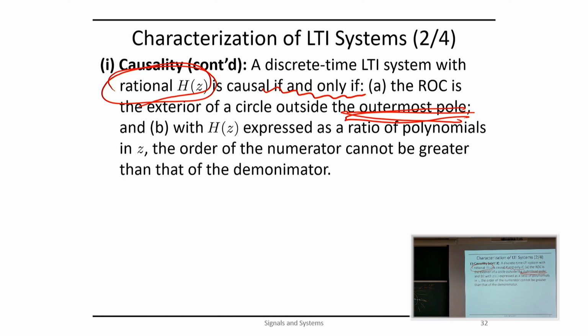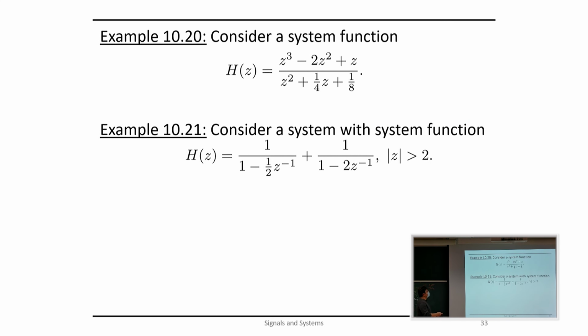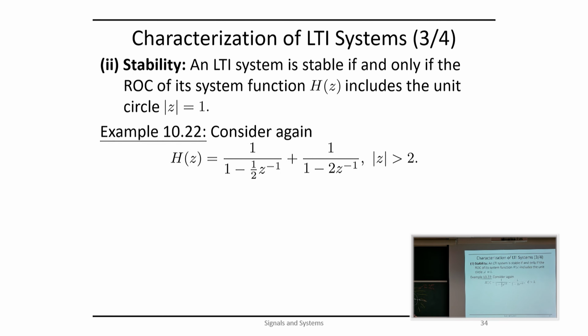So the last thing would be the stability. So this part is more or less the same. You say that an LTI system is stable if and only if its ROC includes the unit circle.